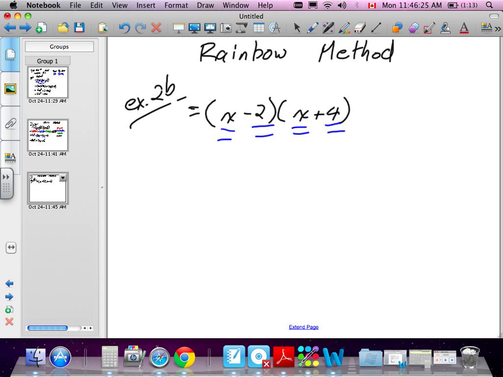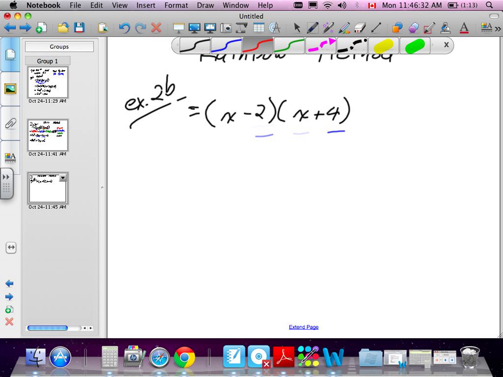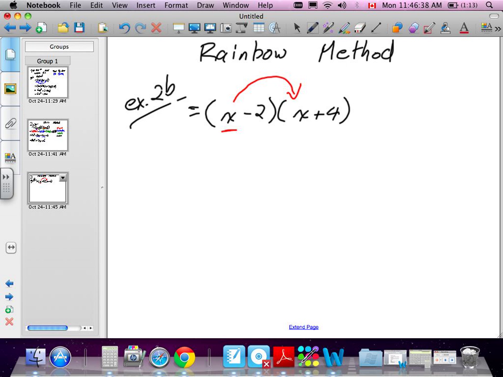Another method that is used is called the rainbow method. The way the rainbow method works is I use the first term in the bracket and multiply it by the first term, and then by the second term. So in other words, I use this first term and multiply it by both of the terms in the other bracket. You're going to get the same answer, it's just another way of thinking of it.